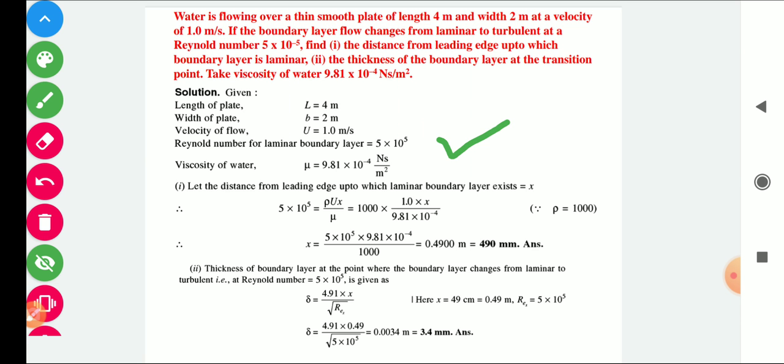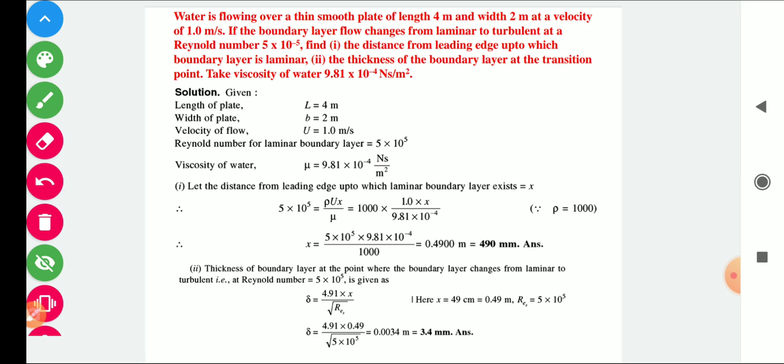So if we put these values in the Reynolds number equation, that is Reynolds number equal to rho v x upon mu, then we can calculate the value of x. After putting the value of Reynolds number as 5 into 10 to the power 5, rho equal to 1000, v equal to 1, and mu equal to 9.81 into 10 to the power minus 4, finally the value of x is 490 mm.